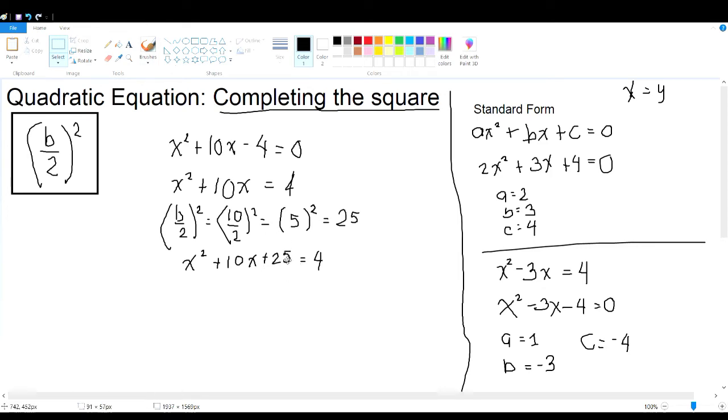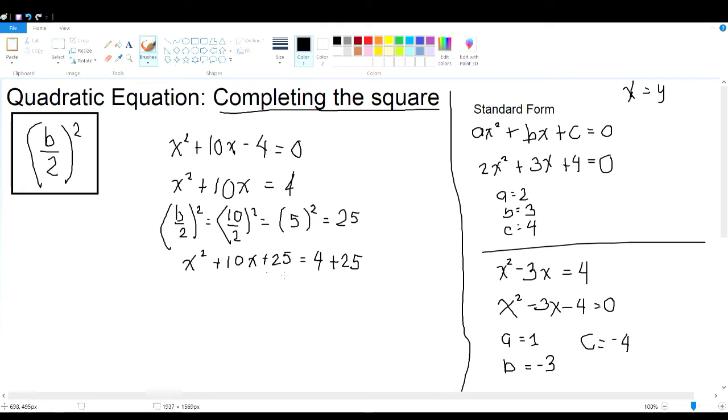Since naglagay ako ng plus 25 dito, dapat maglalagay din ako ng plus 25 dito sa kabila. Or kung ano yung lalabas sa form, kung ano yung sagot na lalabas pag ginamit mo yung completing the square, this one, 25, the answer that you will get is 25. Add both sides. Hindi lang dapat dito sa kabila. Dapat mayroon din sa kabila.